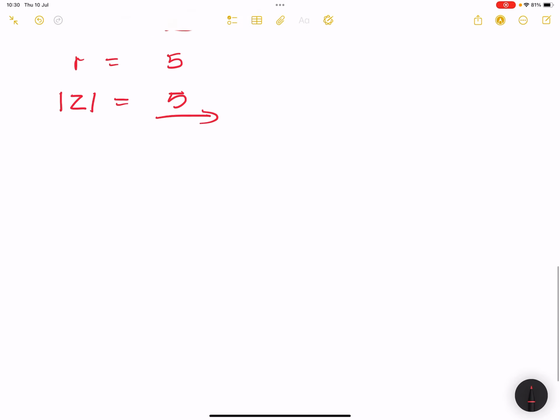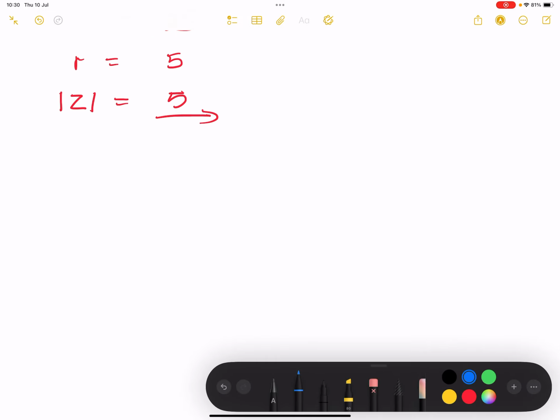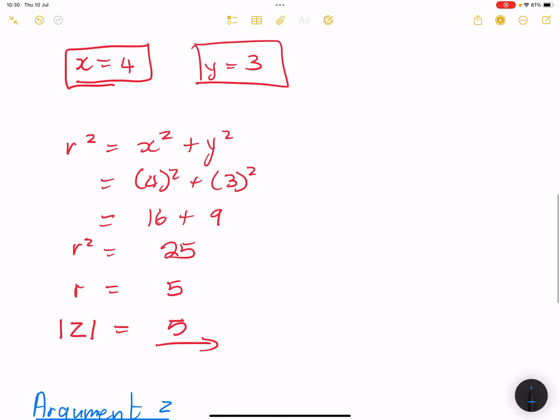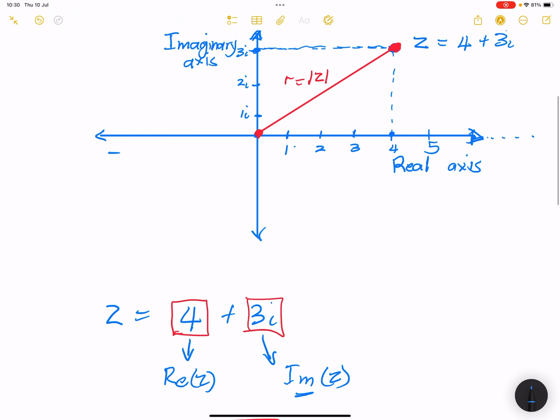Now, let's talk about the argument quickly. So how would I then be able to determine the argument of z? All right, so the argument of our complex number is actually the angle between, so what you're looking at there, this is the angle between the real axis.